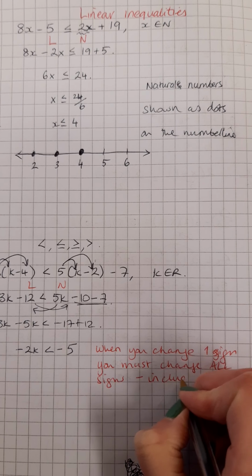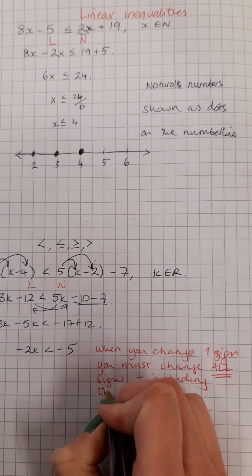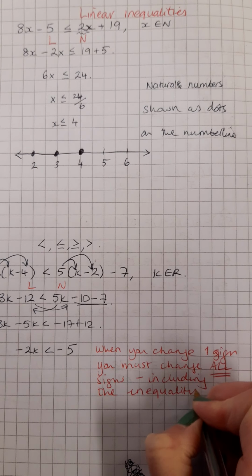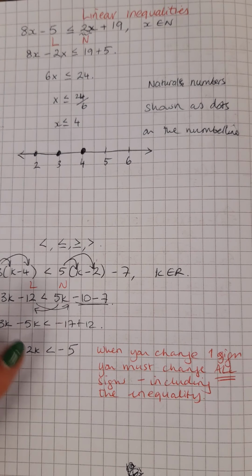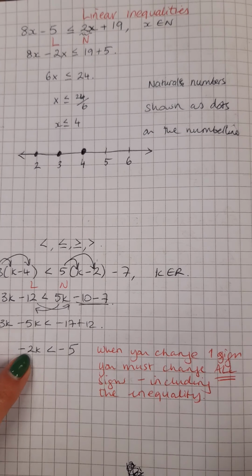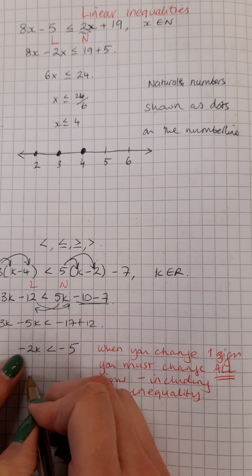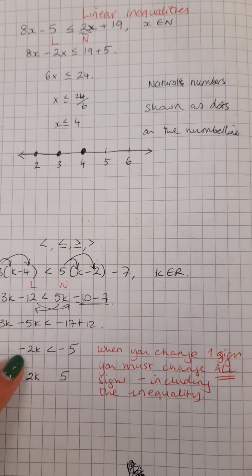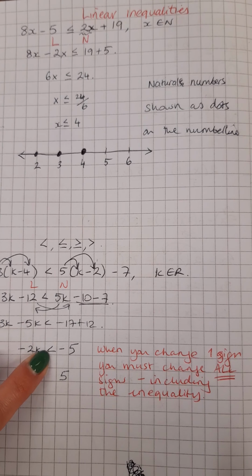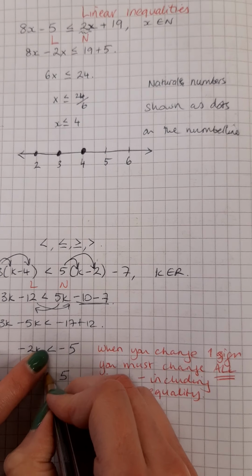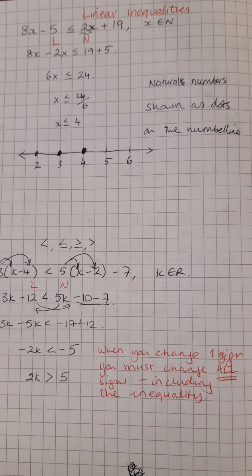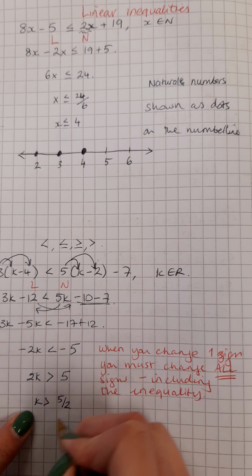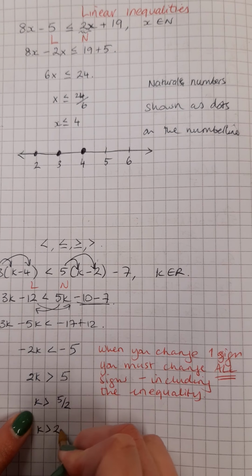It's something to bear in mind when you're dealing with inequalities. You can't have a negative letter. So I'm changing this now to plus 2k, I'm changing the minus 5 to a plus 5. But I also need to change the inequality. It was less than, it's now going to become greater than. And I can solve it as normal. K is then greater than 5 divided by 2, and k is then greater than 2.5.